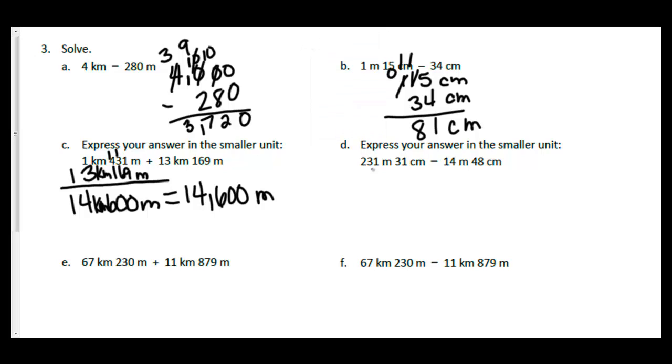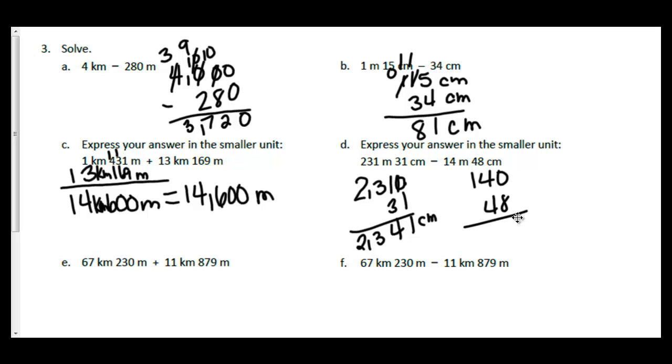So let's say 231 meters is going to be 2,031 meters plus 31 centimeters. Give me 2,341 centimeters. And then over here I've got 140 meters plus 48 centimeters, 88 centimeters.